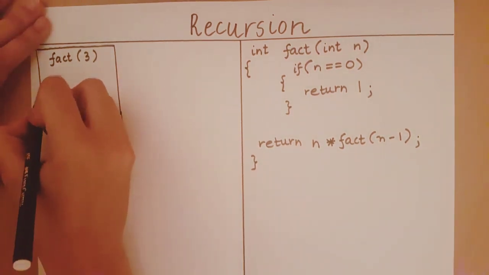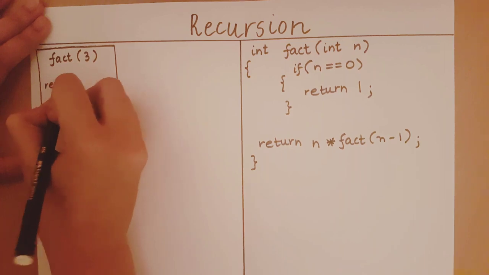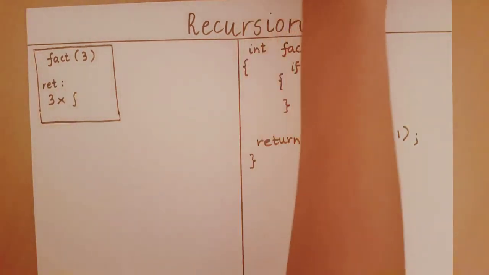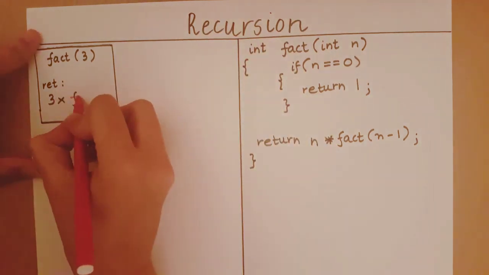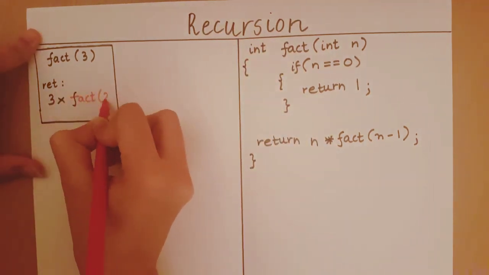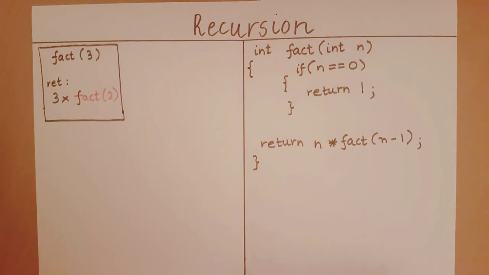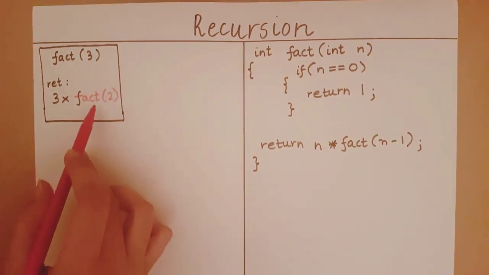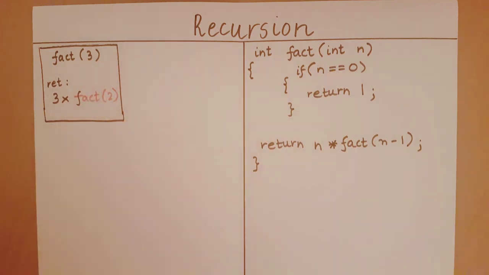So we are returning 3 into factorial of 2. Now when we write this line, we automatically go into the block of factorial of 2.